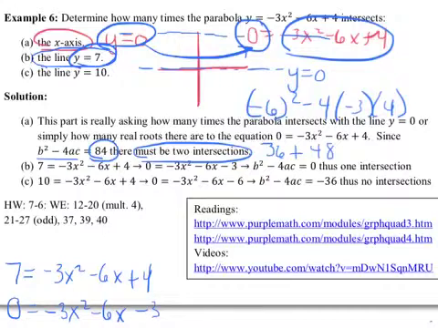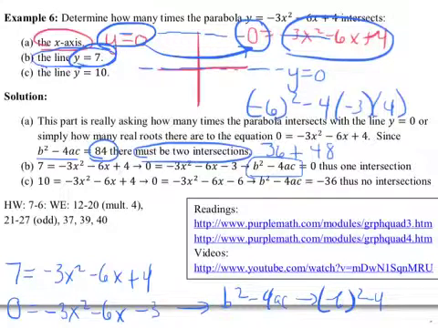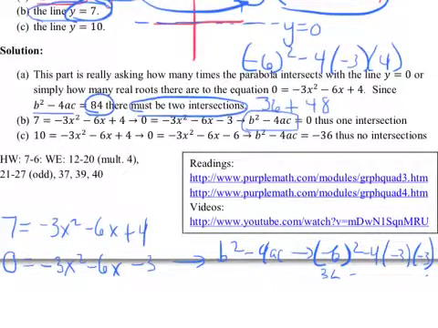Subtract 7, we get this. And looking at this, b squared minus 4ac for this quantity turns out to be 0. You can see that because this is going to be 36 minus 36, so 0.